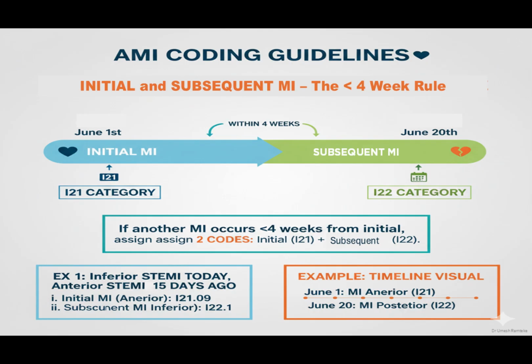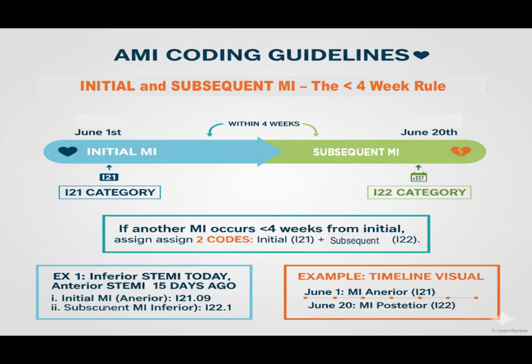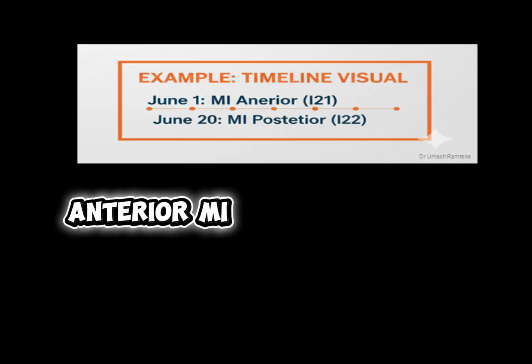Subsequent MI, I22 category. If a patient has a second MI within 4 weeks of the first one, we must assign 2 codes. 1. Initial MI, I21. 2. Subsequent MI, I22. Let's simplify with examples. On June 1st, a patient had an anterior MI, and on June 20th, he had a posterior MI. In this scenario, we code as follows. June 1st, anterior MI, I21.